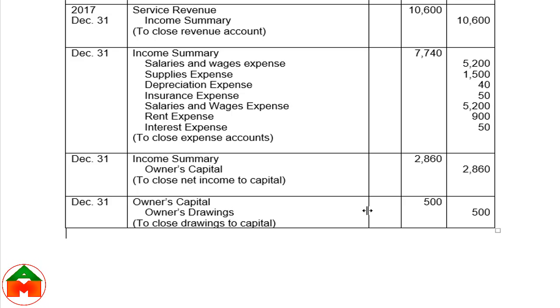So owner's capital will be debit 500, and the owner's drawing account will be credit 500. Owner's capital is decreased by owner's drawings, which is why owner's capital is debited, and we produce a zero balance for the drawings account. That is why owner's drawing should be placed on the credit side. Thank you.